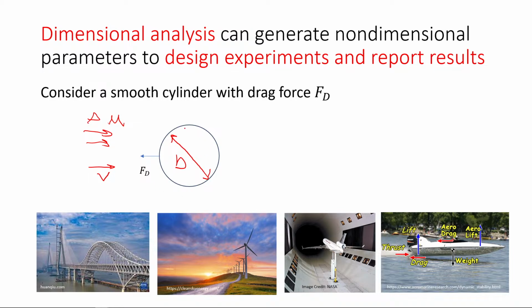Now if I want to scale what I'm conducting in my lab to the prototype, what I'm observing in the real system, and that's what we're conducting in the lab, remember, we have to achieve geometric similarity. So this one should look like this one with a scaling factor.